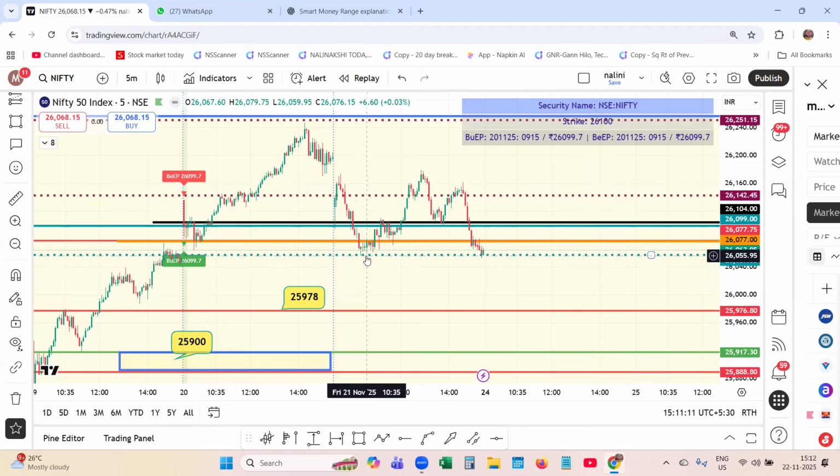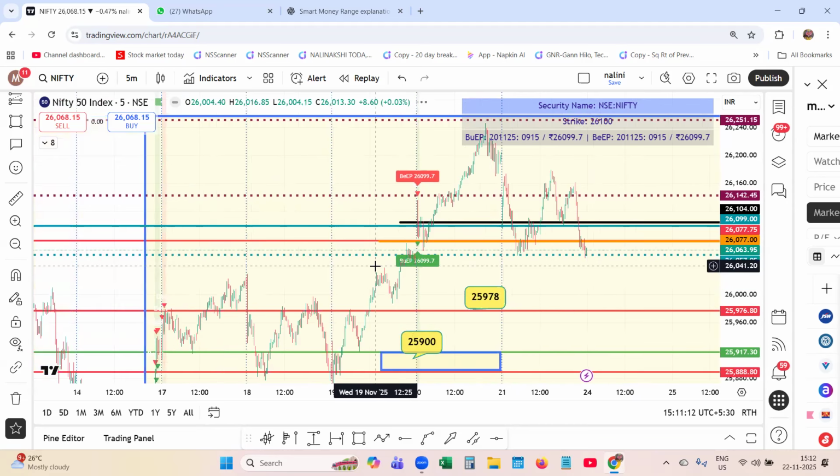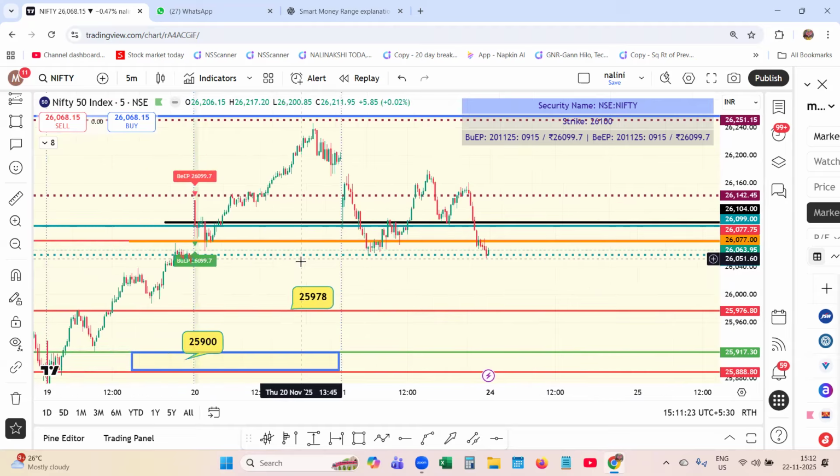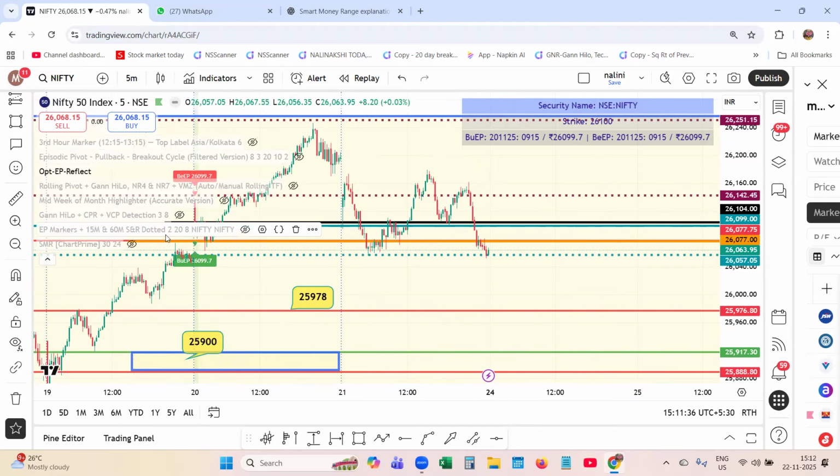When the price comes to this level, the market, these are the EP levels, right? When you get these levels and you mark these levels, what you need to do in this EP, you need to go back and you have to mark. That is the same thing my new EP indicator will do.